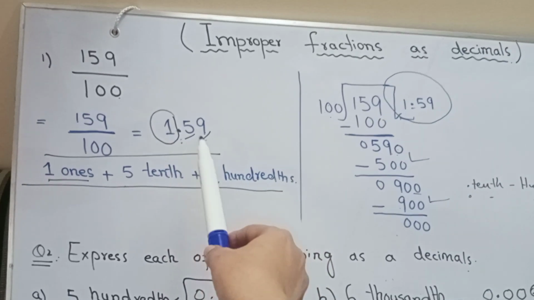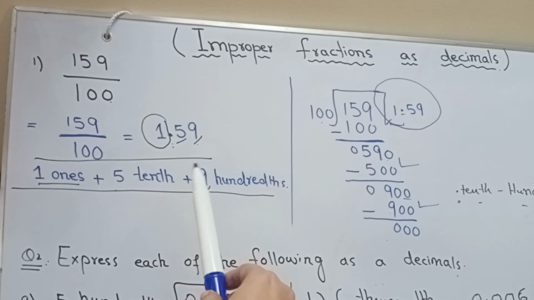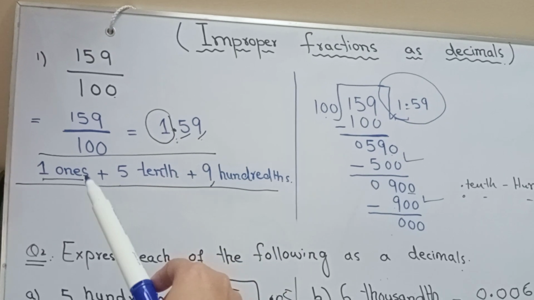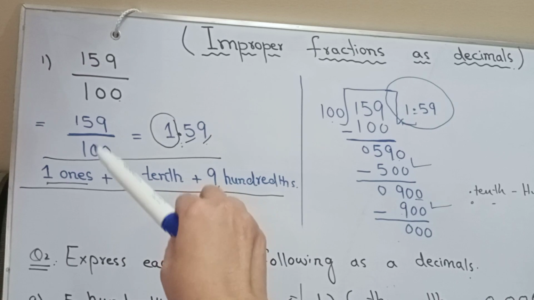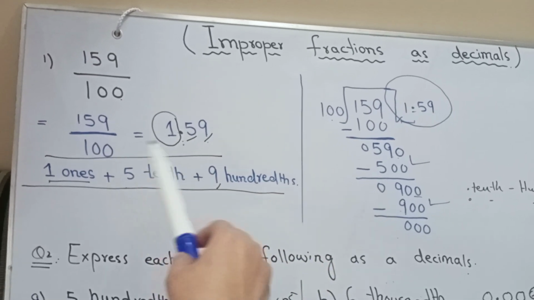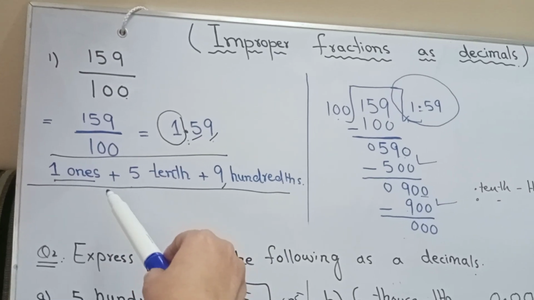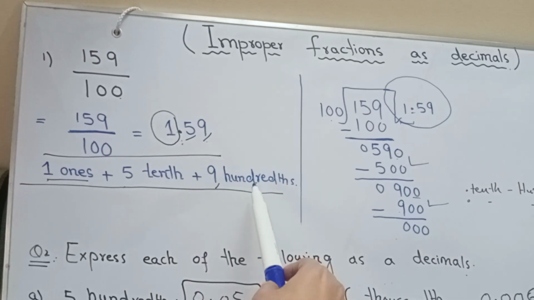So we write it here, and we must learn the way in which we have to call them and how to read them. Now the integral part is what comes before the point, and after the point. What can you see here? 1 is considered as ones, and then after the point, tenths and hundredths.